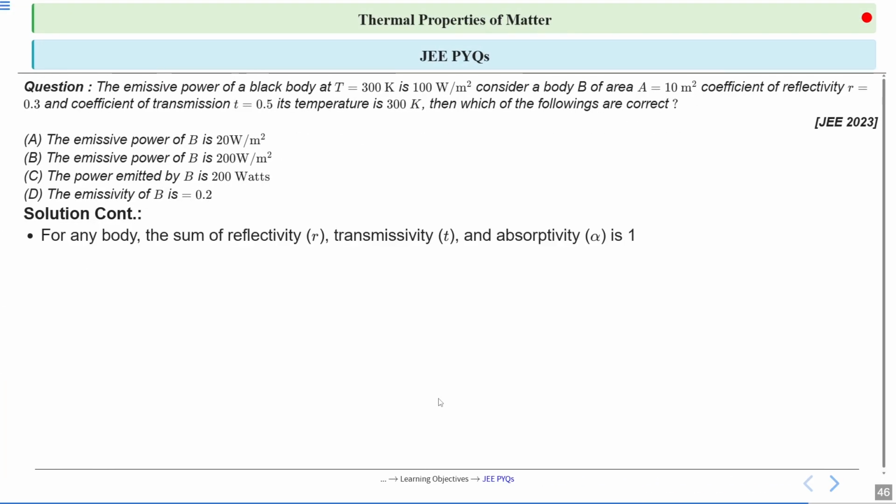For any body, the sum of reflectivity, transmittivity and absorptivity is 1. So we can write alpha plus R plus T is equal to 1. So alpha plus 0.3 plus 0.5 is equal to 1. Here R and T are given. Solving this, you will get alpha is equal to 1 minus 0.8, so it will be 0.2.